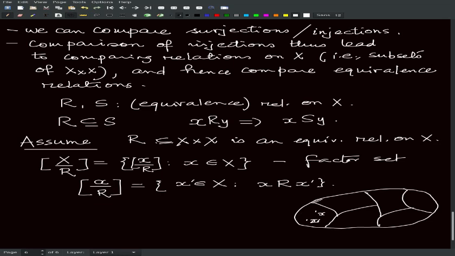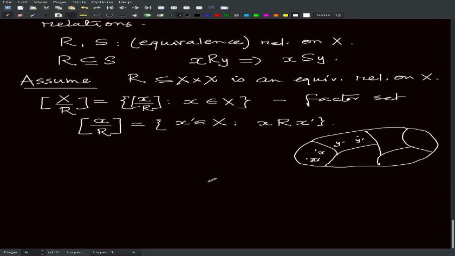This partition is X by R, this partition is Y by R, and so on. According to this diagram there are 1, 2, 3, 4, 5, 6 partitions. So the factor set, capital X by R, has only 6 elements. So we therefore get hold of these 6 elements.